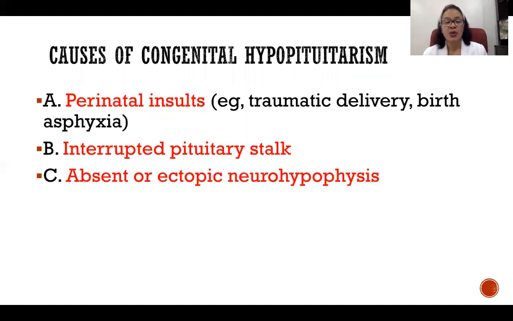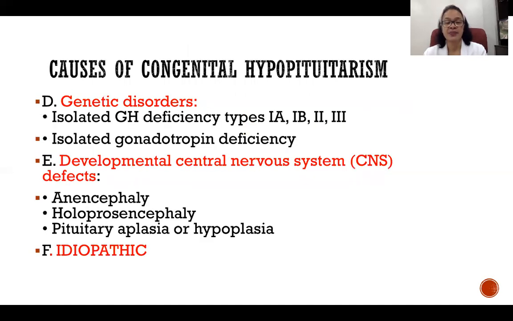Okay, so this is for your congenital hypopituitarism. So it could be a perinatal insult. Okay, it could be traumatic during delivery or during birth asphyxia. It could be an interrupted pituitary stalk, or an absent or ectopic neurohypophysis.